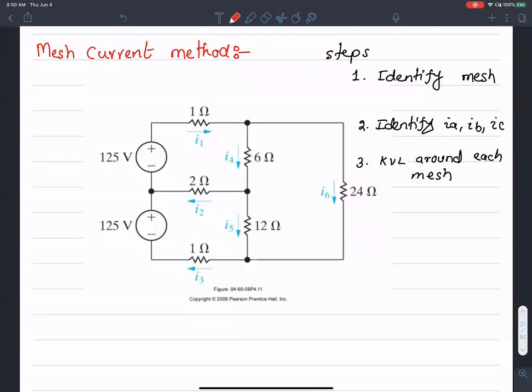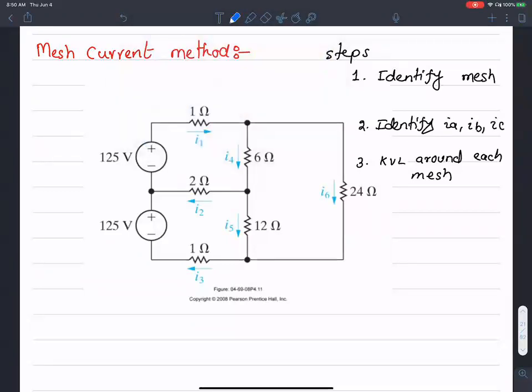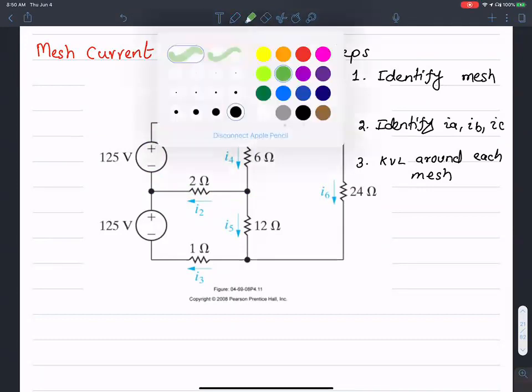Yeah, I can do it. Sure. I started by choosing my 3 loops, or 3 meshes. There are 3 kind of obvious ones. I labeled the top left loop mesh 1, bottom left mesh 2, and the large one mesh 3. Okay, so let me catch up with you.